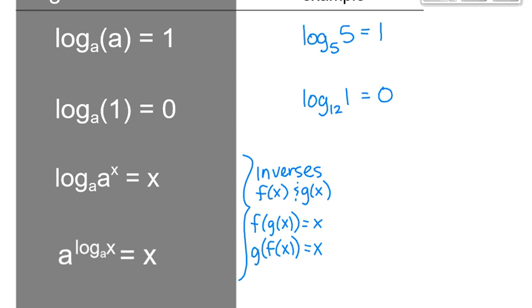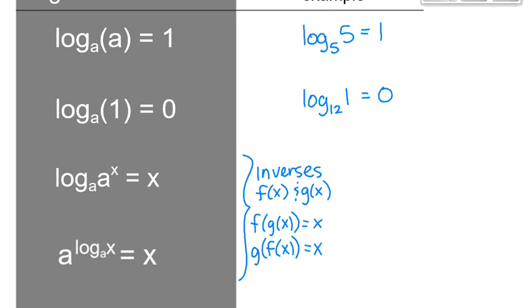So a logarithmic function with an exponential function inside it is just putting one thing inside its inverse. Everything's going to cancel but x. Or an exponential function with a logarithmic function inside it, assuming the base is the same. Because they're inverses, everything's going to cancel, just leaving x.